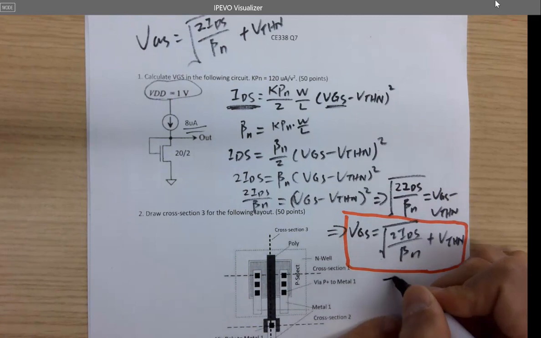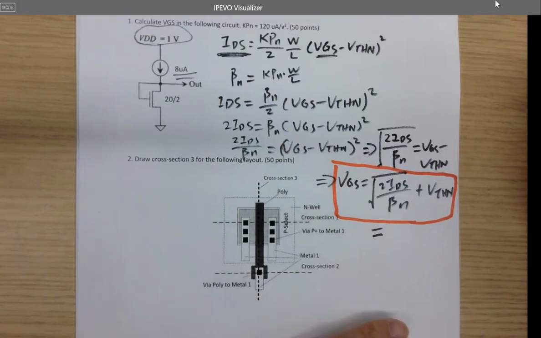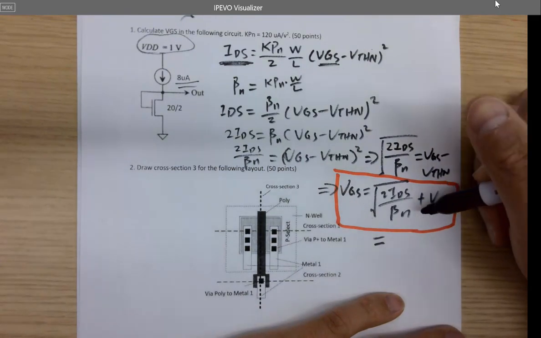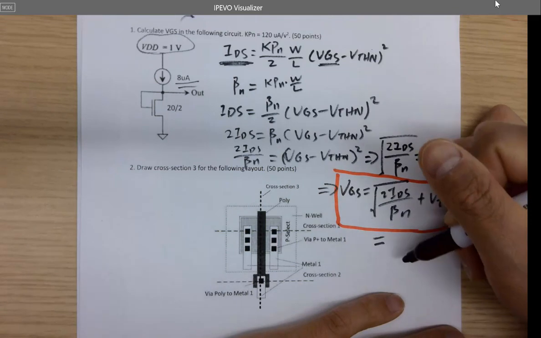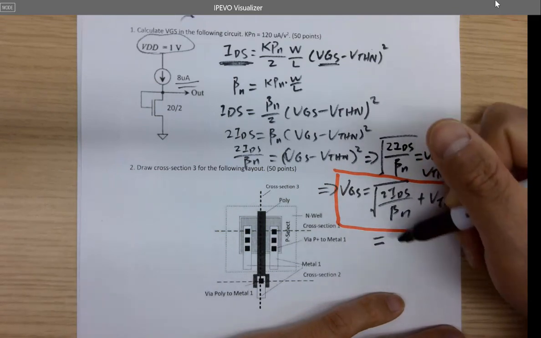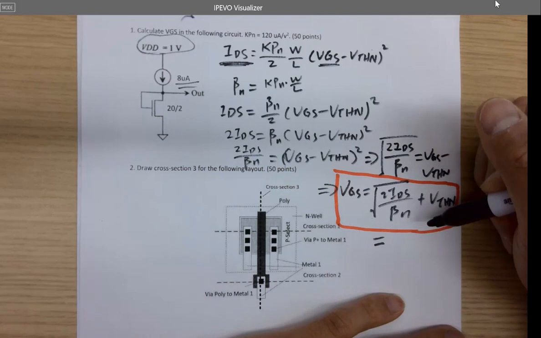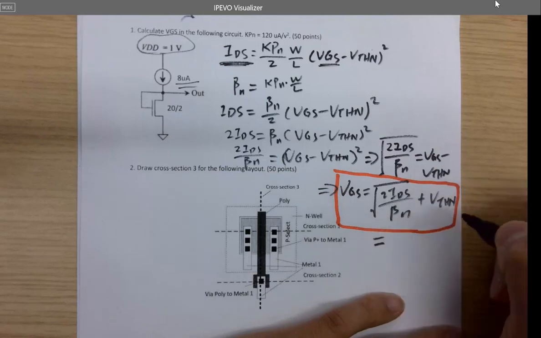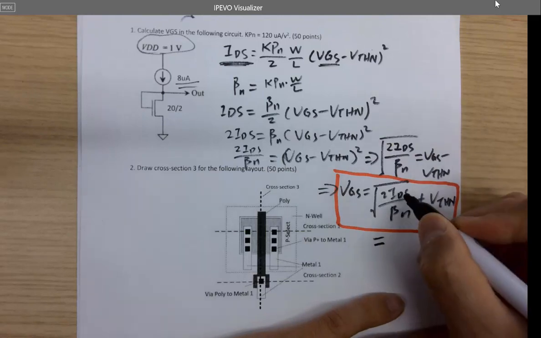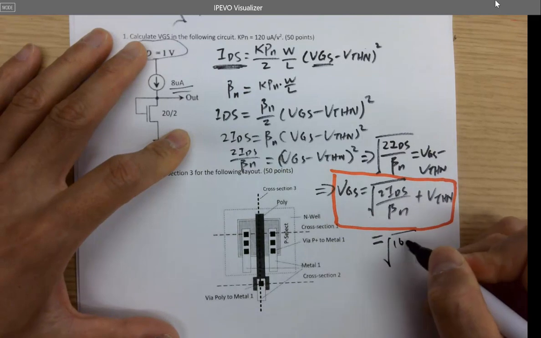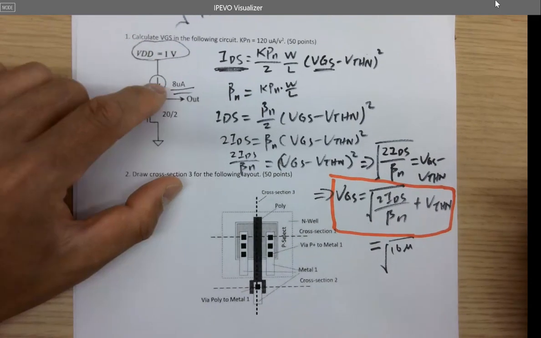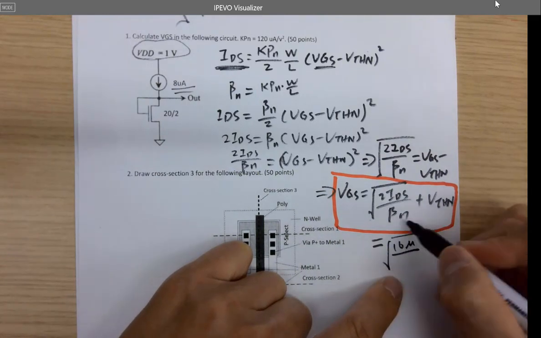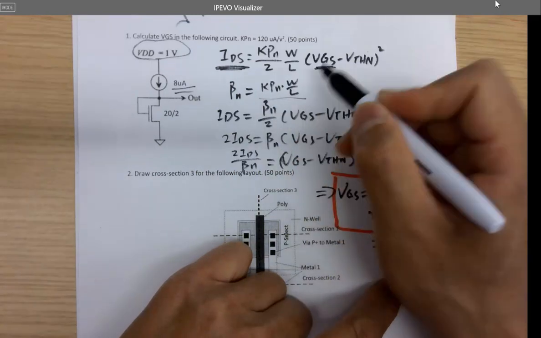Okay. Now, the most difficult part. Almost everyone reached here. But after that, you see all different calculations, all different numbers being calculated. So I have to blame middle school math teachers over here. Okay. So what is this? 2 IDS is 2 times 8 microamps, so 16 micro, over beta N. This guy, right?